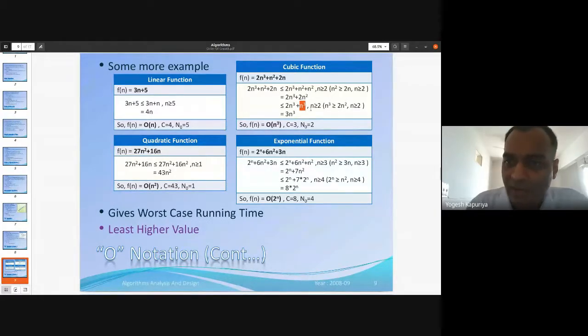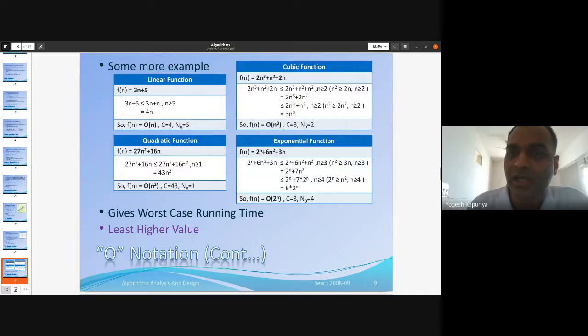So now for any value of n greater than or equal to 2, 2n square is always going to be less than or equal to n cube. So I can write this. So now 2n cube plus n cube, that is 3n cube. Now again it sounds like CGn.